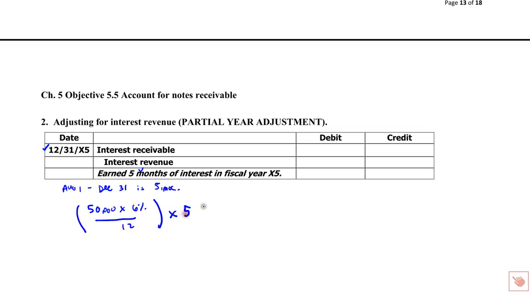We multiply that by 5, and that looks like 1,250. The customer had their money for 5 months at 6%, so they earn 1,250. Debits equal credits, but it's an adjusting entry. They're not getting paid, but they do expect to get paid, so they recognize interest receivable.